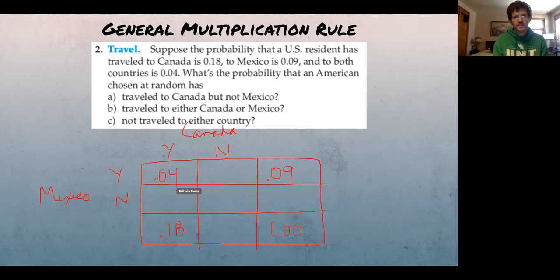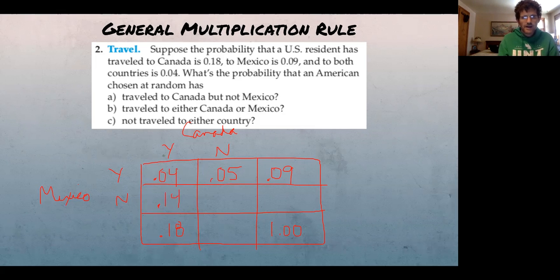So I can fill in the rest of this table based on just this information. I know that my row conditional totals have to add up to the marginal total. So right here, this has to be 0.05. Same thing in the column. If 4% have been to both and 18% have been to Canada, then to make up the difference, 14% must have gone to Canada, but not Mexico.